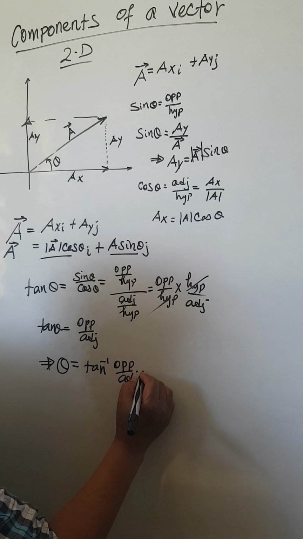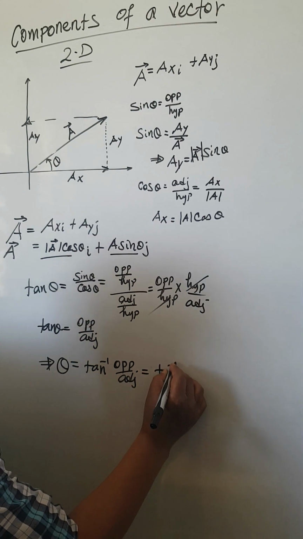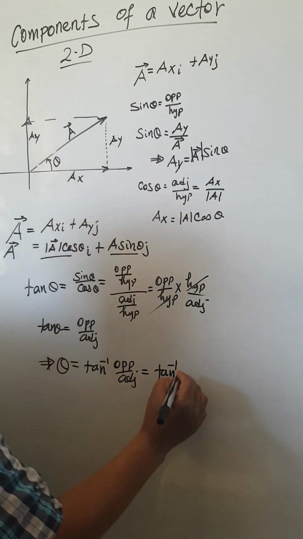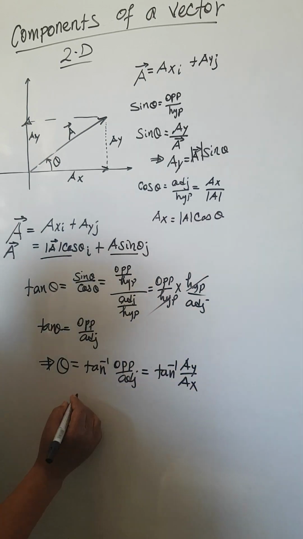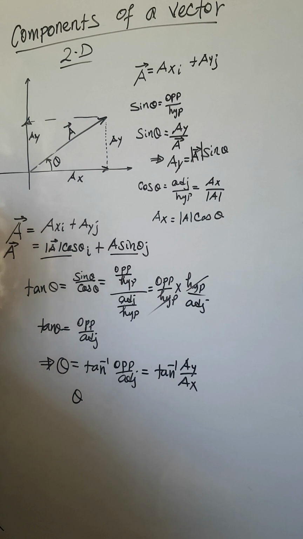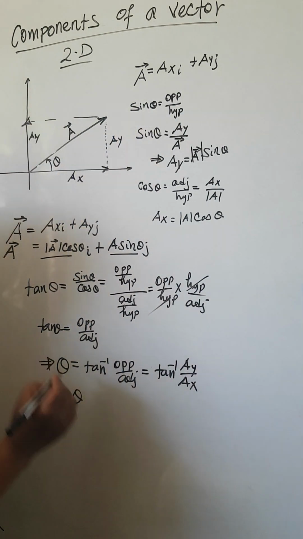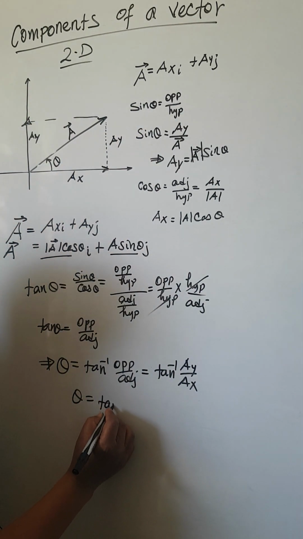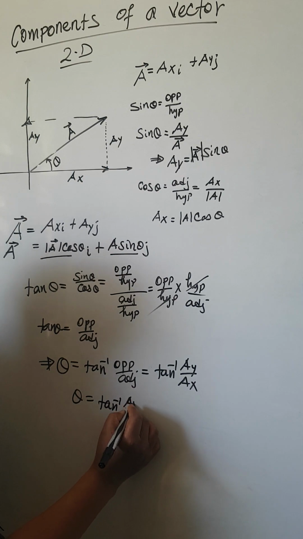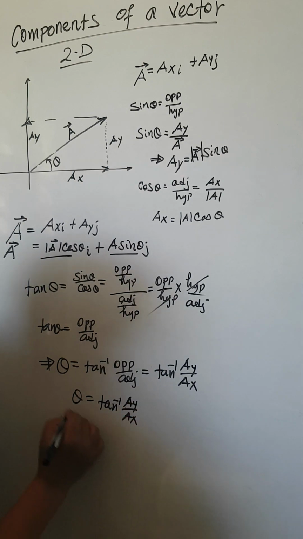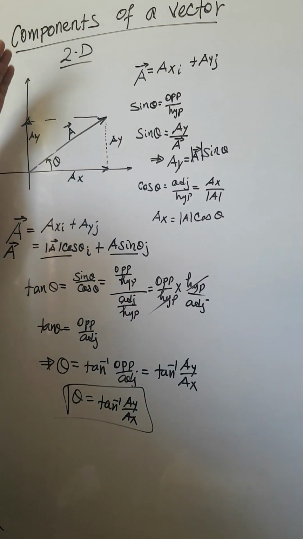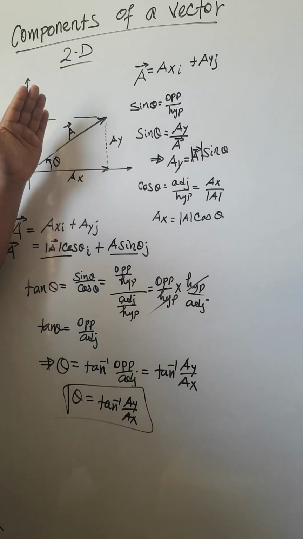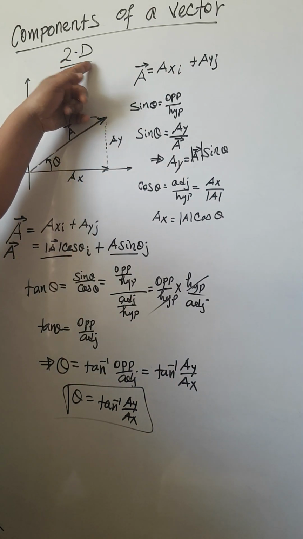The opposite is Ay and the adjacent is Ax, so the angle theta, the direction of this vector, is tan inverse of Ay divided by Ax. This is how we resolve a vector into its x and y components in 2D.